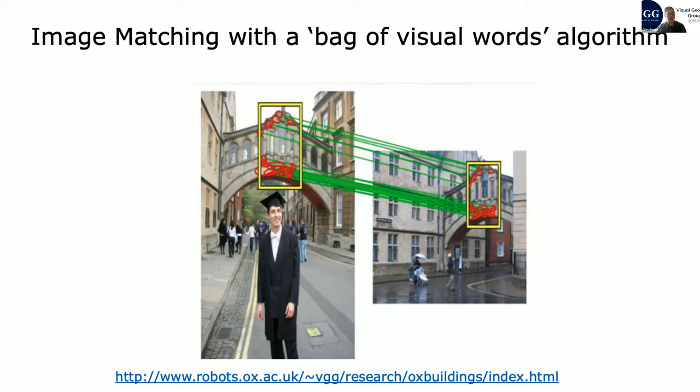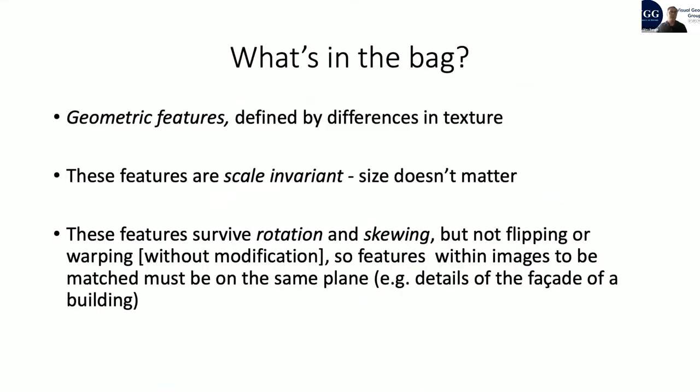We take a lot of inspiration from work in that domain, as well as applying methods that are relevant to images. A bag of visual words contains geometric features defined by differences in texture, which are scale invariant. As you've seen, the size of the features we're extracting, and the size of the object within which we're matching, varies.